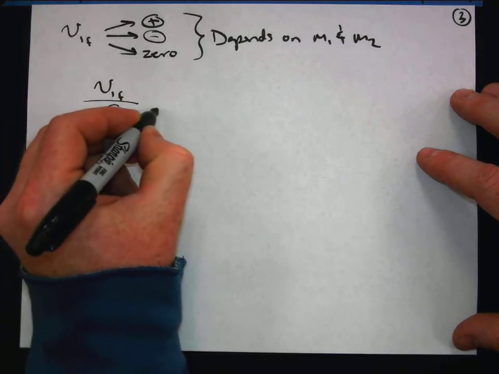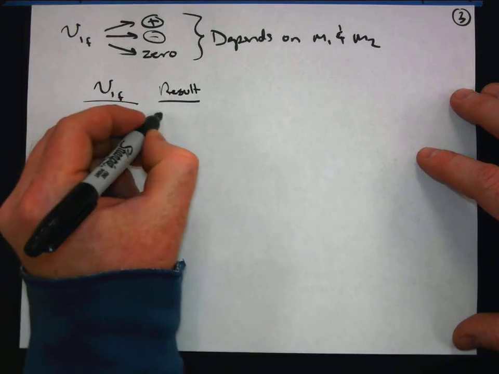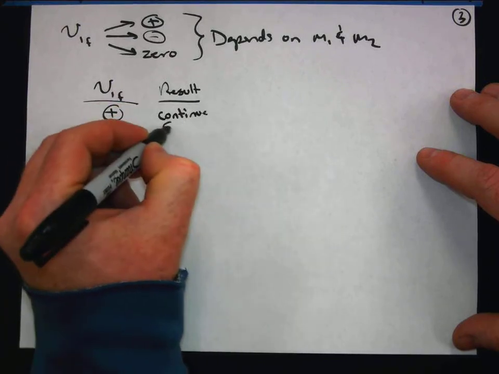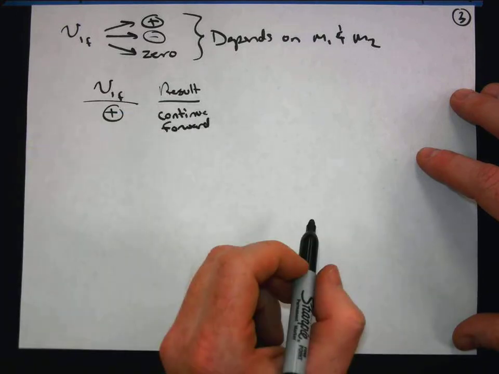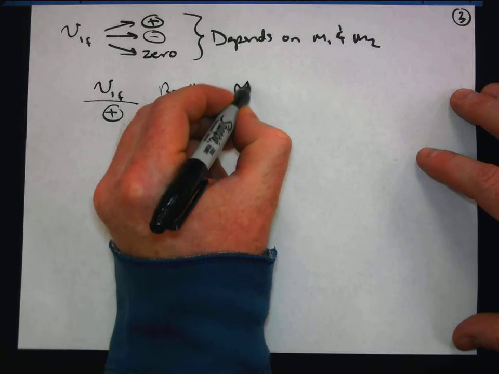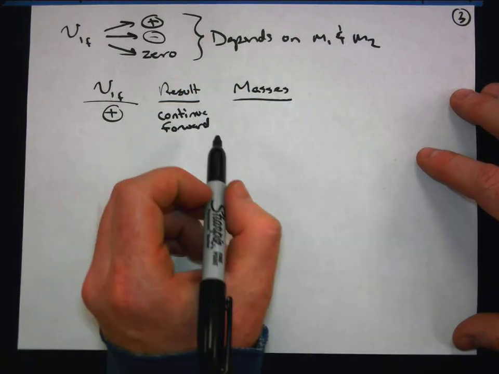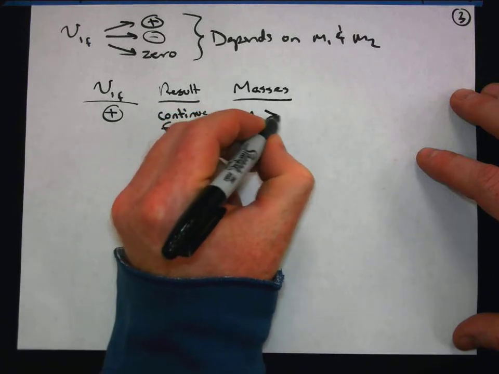It's going to be a positive value, and that means that here I'll list a result that we observe. Then object 1 will continue forward, and what is it about the masses that leads to that? Well, you get this result if you have m1 greater than m2.